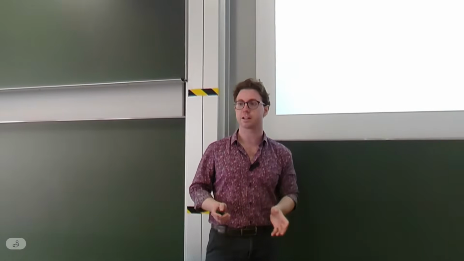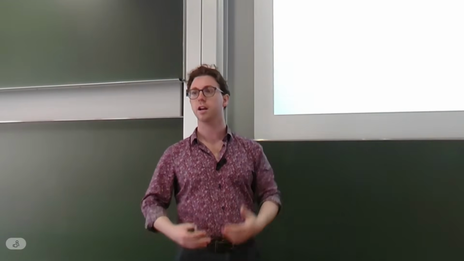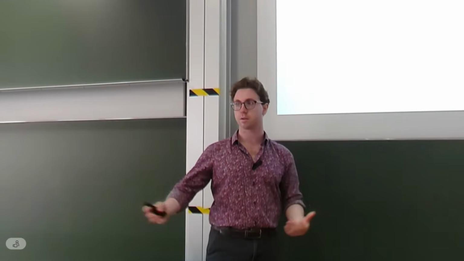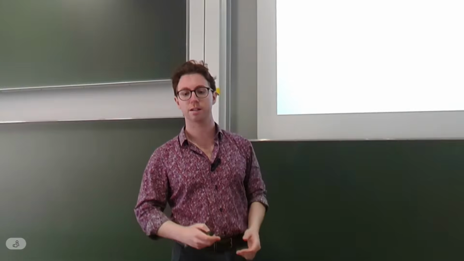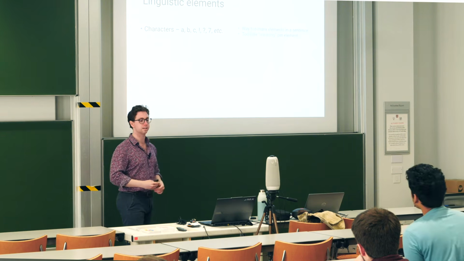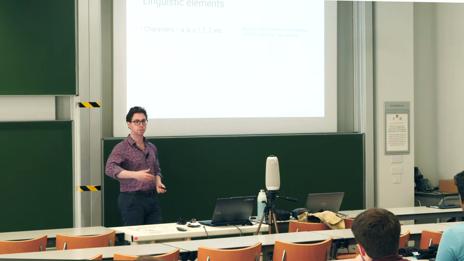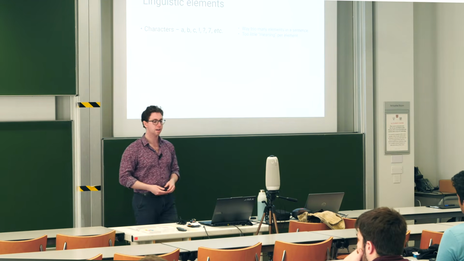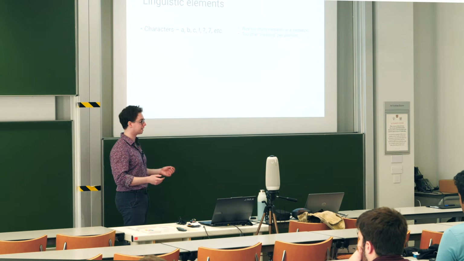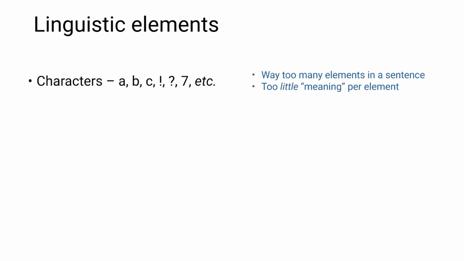The problem with using characters is that in order to express anything with a lot of meaning to it, you need a lot of characters. If you look at a single sentence, there are typically many, many characters there, and so your language model would have to predict many of these things. And in a certain sense, each character by itself doesn't contain much meaning. If we chose characters as our linguistic element, each individual character has a very small amount of meaning in it. In general, this isn't the best way to do things because you're just predicting letter after letter.